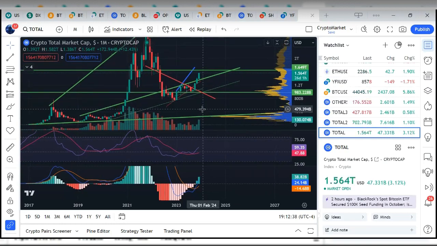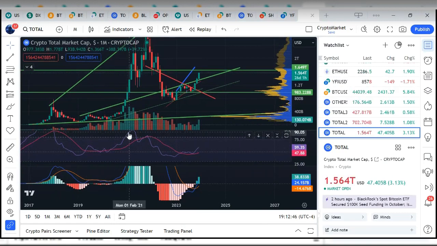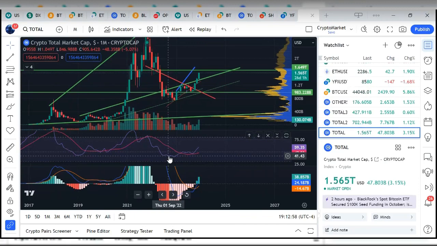If you notice here in the middle, this is the RSI, right? When this purple line reaches up to the top, between 80 to 90, even 100, that means the market is going to correct. When it reaches down to the bottom, between 40 to 20, that means most likely the market has bottomed.